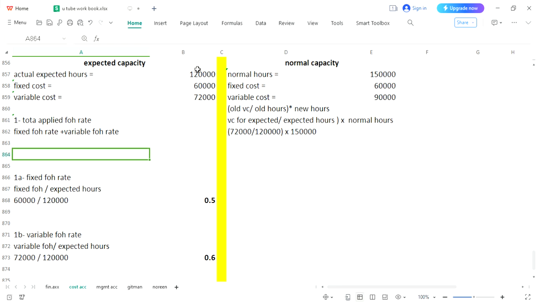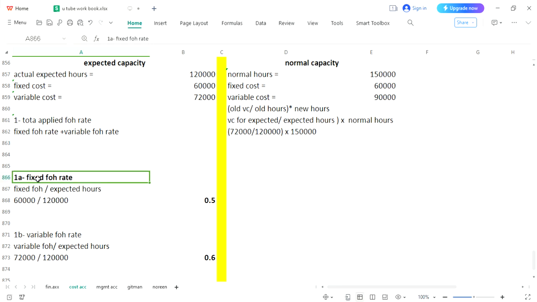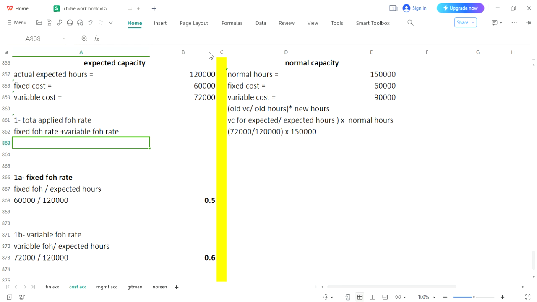It's time to calculate our total applied FOH rate, which is a sum of two rates, fixed FOH rate and variable FOH rate. The fixed FOH rate was calculated over here and the rate was 0.5. You can put it over here, 0.5 was the fixed FOH rate.